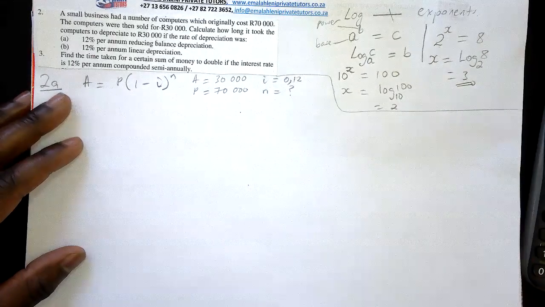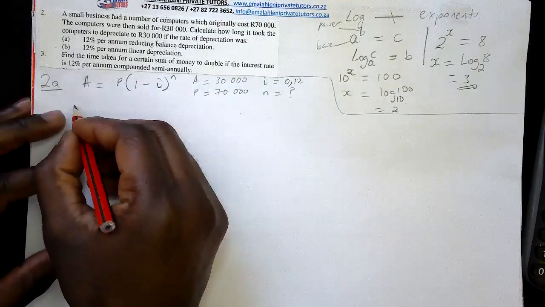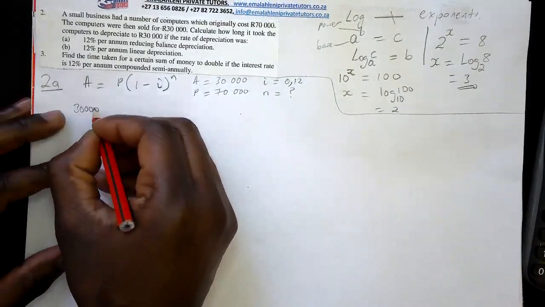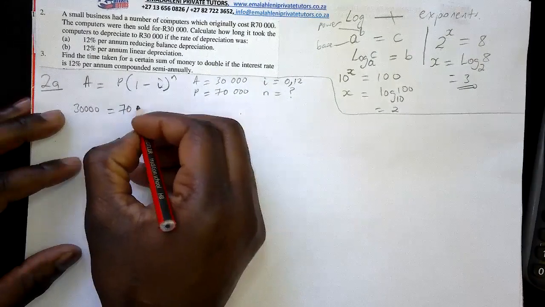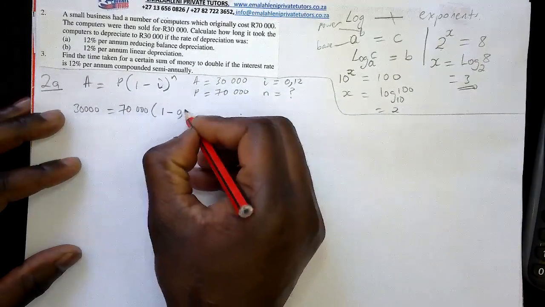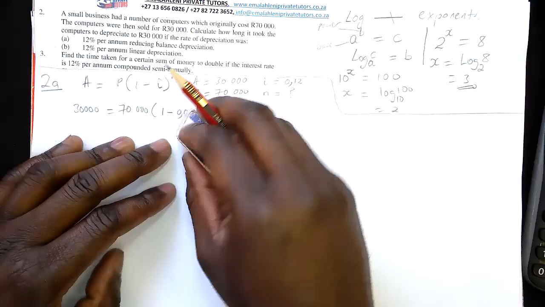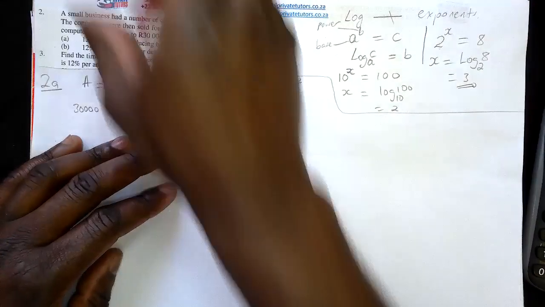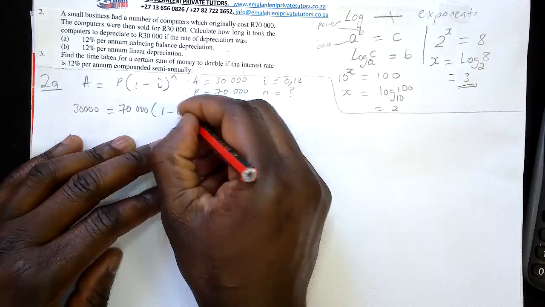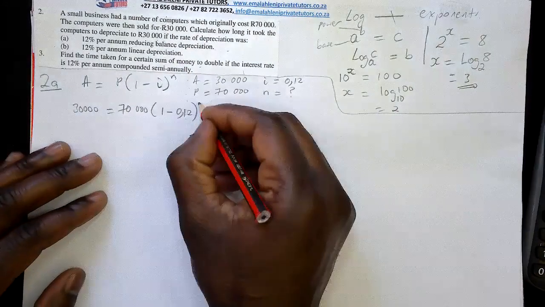So we take A, which is 30,000, is equal to 70,000 in brackets 1 minus 0.12, to the power of n.